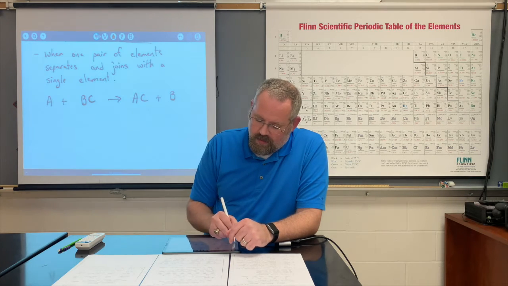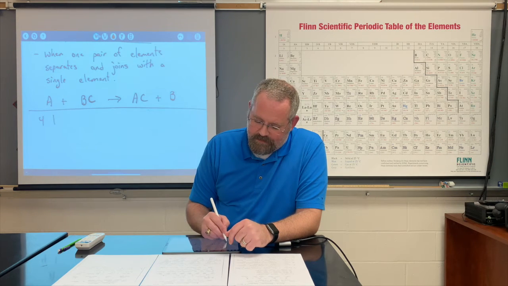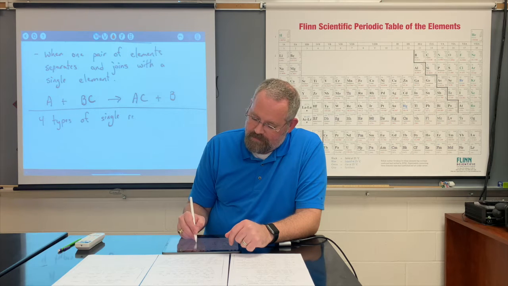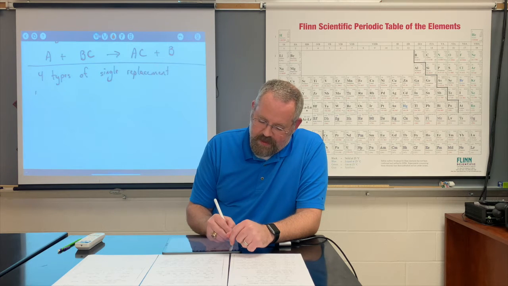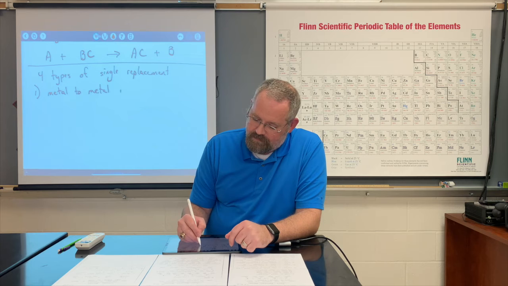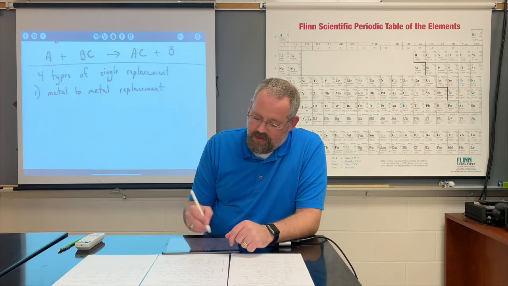Okay, so we're going to talk about four types of single replacement. Okay, the first type is going to be metal to metal, which is what I've shown at the top here.